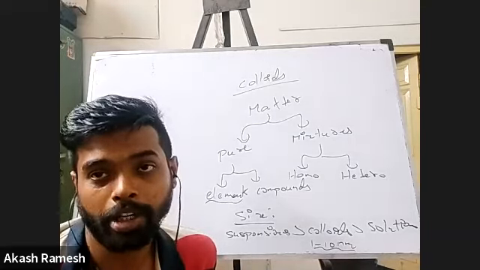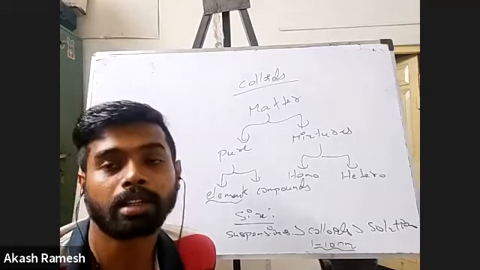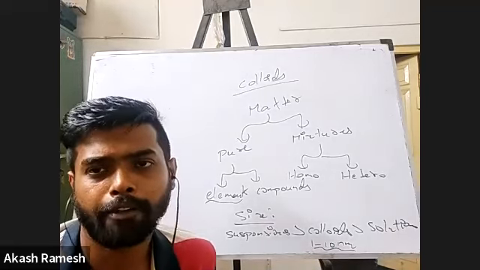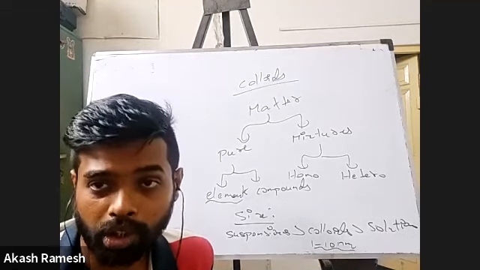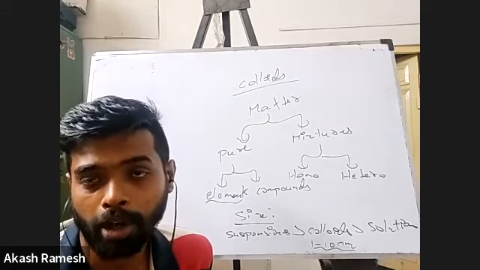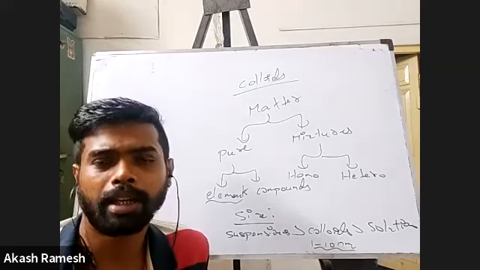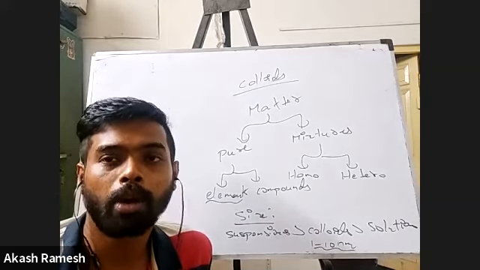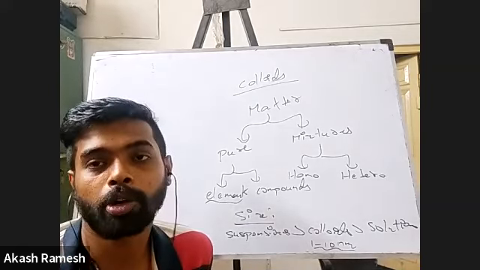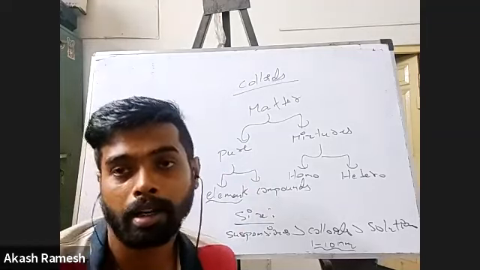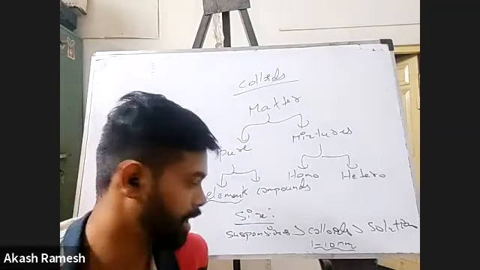The second classification is based on how these colloids are formed. Based on that you have multimolecular colloids, associated colloids, macromolecular colloids. Multimolecular means so many molecules come together. Macromolecule means one macromolecule is enough to give the colloidal particle size.